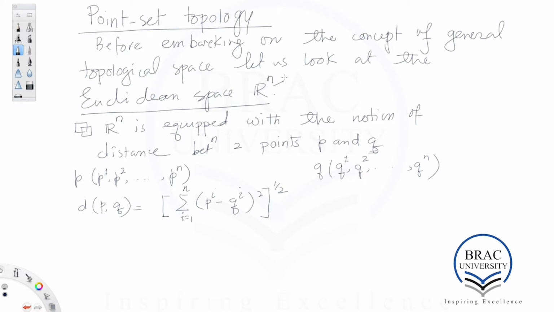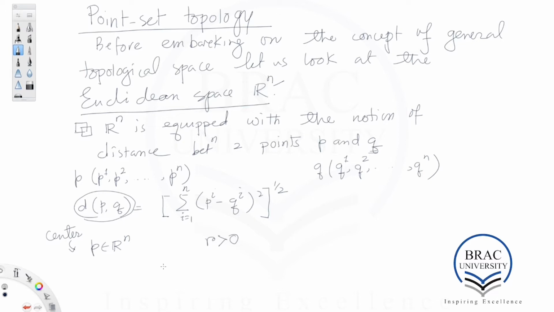So by using this notion of distance, one can define an open ball centered at point P in Rn and of radius r, which is of course a strictly positive number.